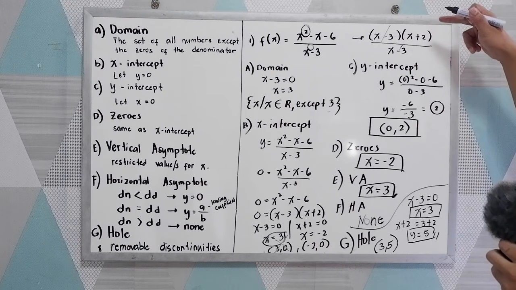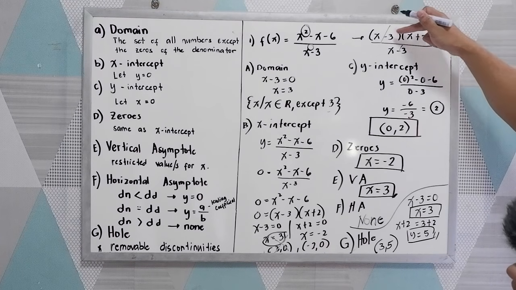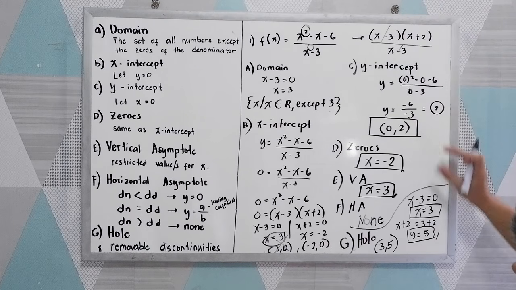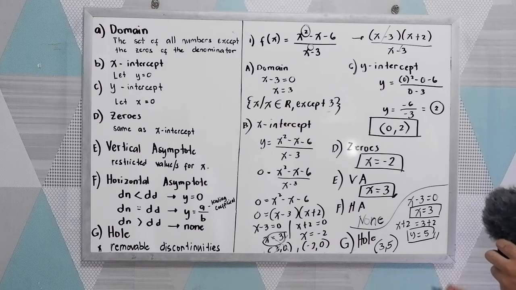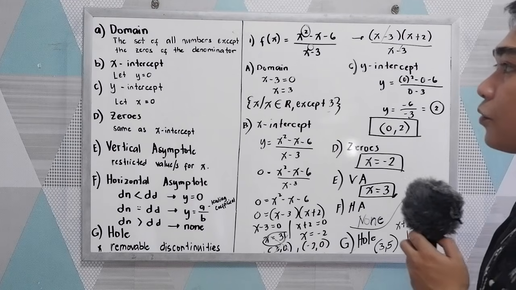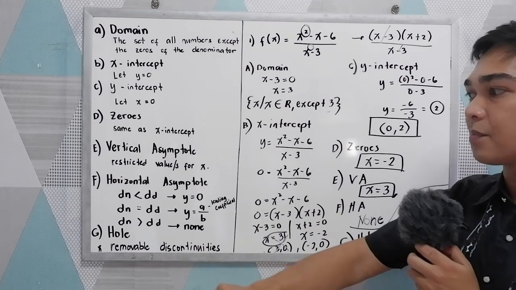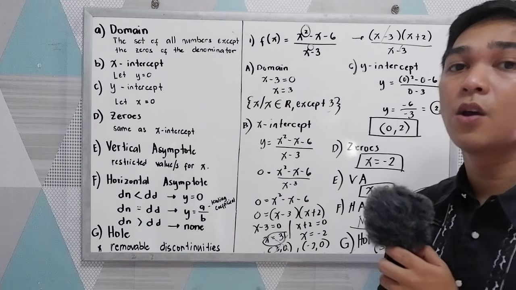Again, if we have a common factor in the numerator and denominator, get the common factor, then equate to 0, then solve for x. And after that, substitute to get our ordinate. Okay? That is how to find the domain, x-intercept, y-intercept, the zeros, vertical asymptote, horizontal asymptote, and hole.